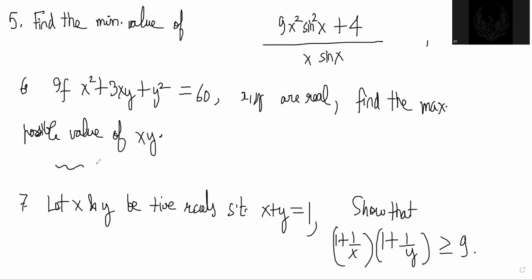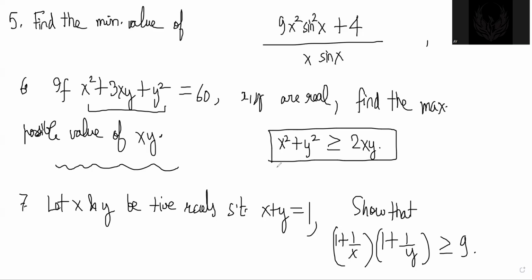The sixth one is not very difficult. I'm getting 60 by 7. No, you made some silly mistake. If you see, x square plus y square are the only things that are guaranteed to be positive, so we can do AMGM, this is greater than 2xy.